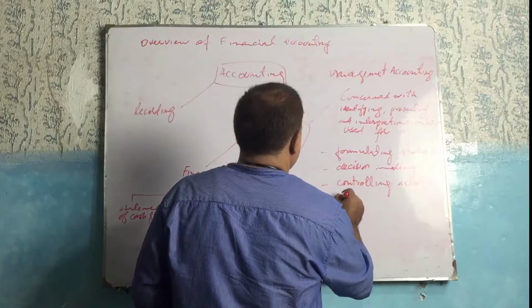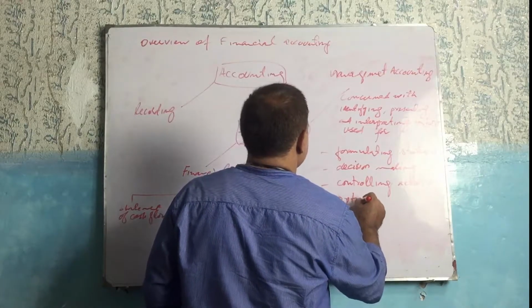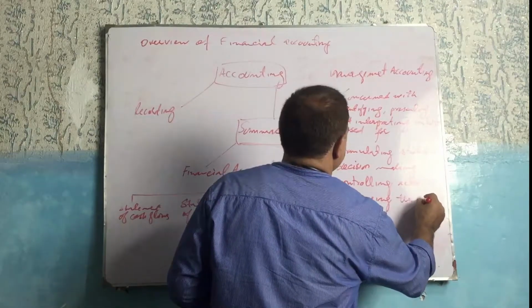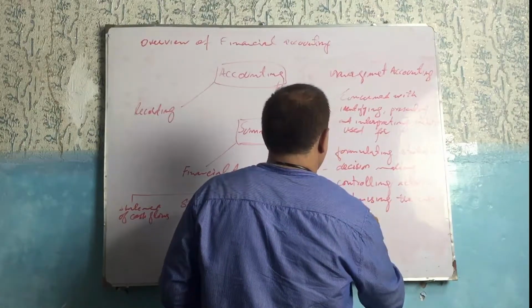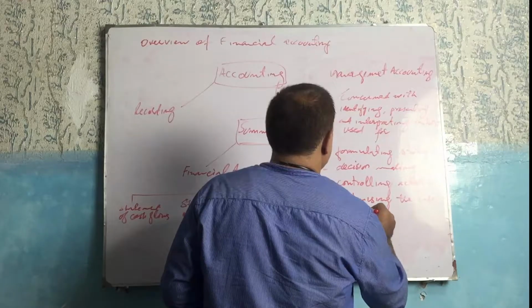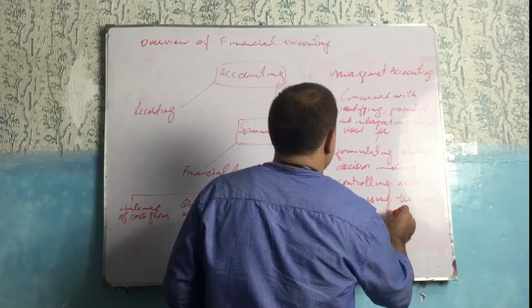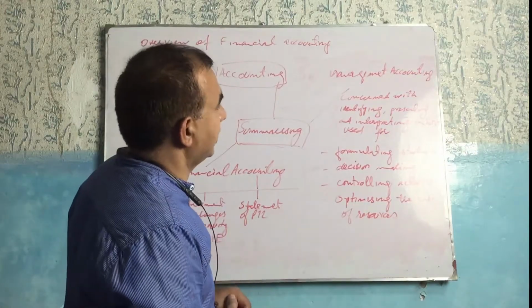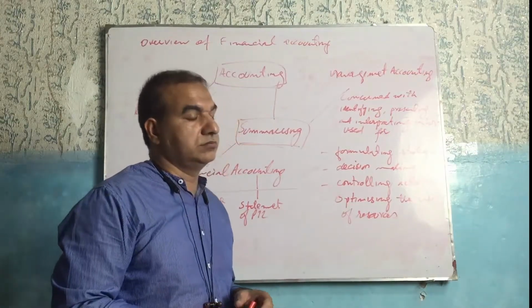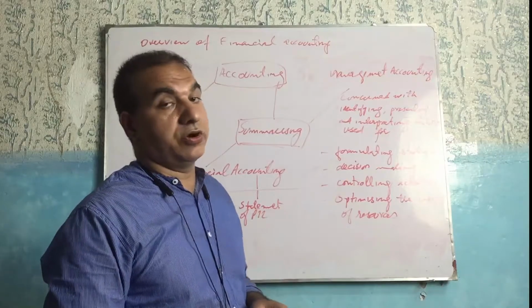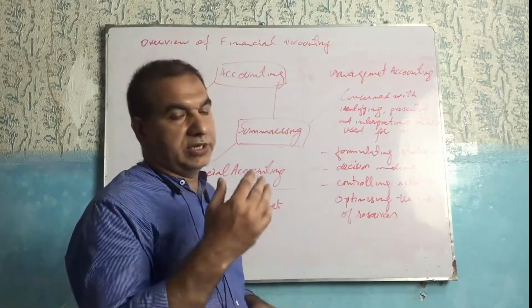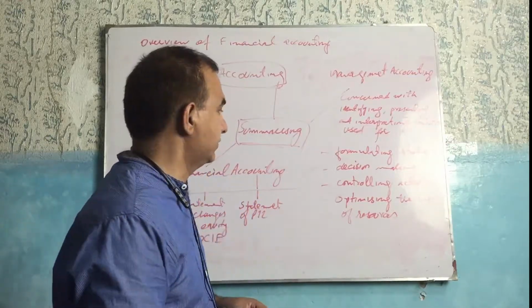And then the other is optimizing the use of resources. Business managers, the board of directors, they have big authorities, and assets of billions of dollars are at their disposal.